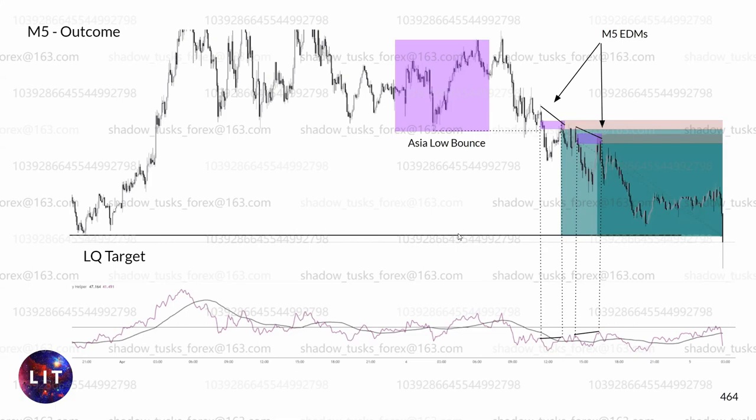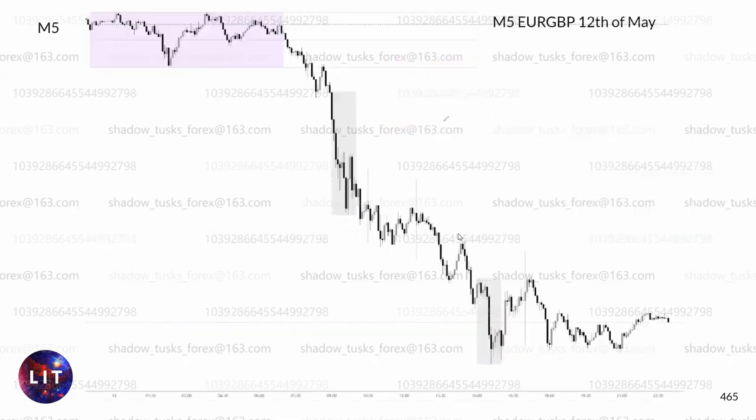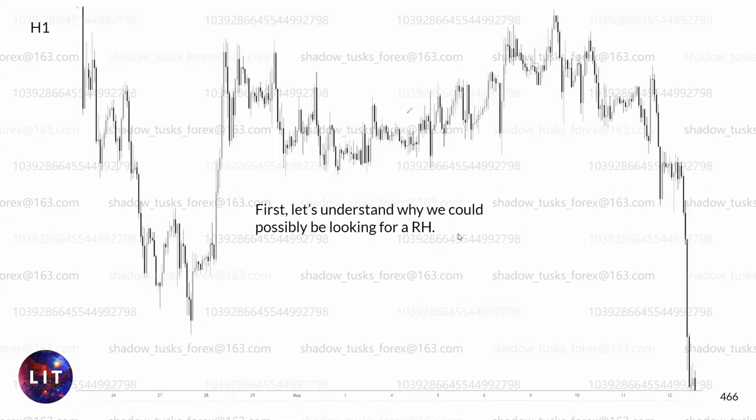Okay, next one. Again, this is what the day looks like. First, we have to understand why we could be looking for a retail heaven. So this is our H1 time frame. As we can see, we've had significant inducement high, and then right here we have again build up, inducement high, away from this inducement and this inducement.